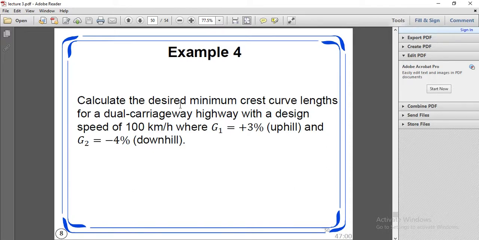Calculate the desired minimum crest curve length for a dual carriageway highway with a design speed of 100 km per hour, where G1 is equal to plus 3% uphill and G2 is equal to minus 4% down.